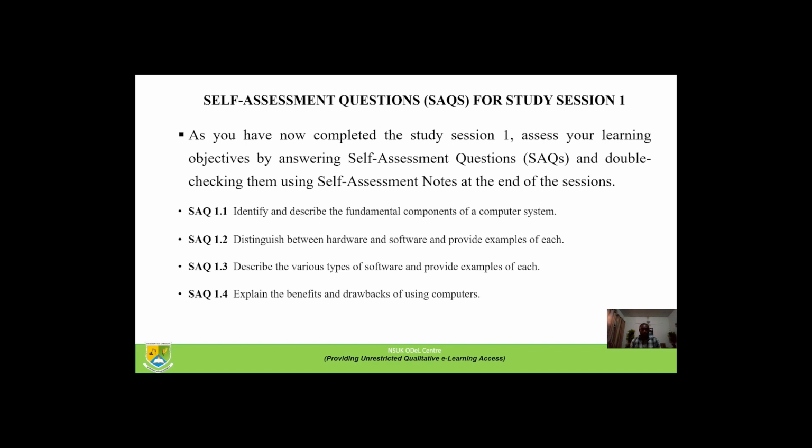SAQ 1.2: distinguish between hardware and software and also provide examples of each. SAQ 1.3: describe the various types of software and provide examples of each. SAQ 1.4: explain the benefits and drawbacks of using computers.